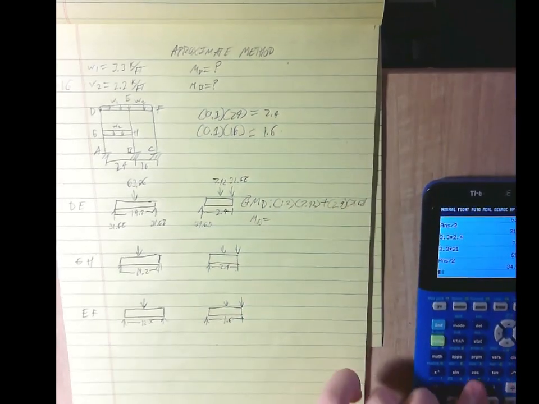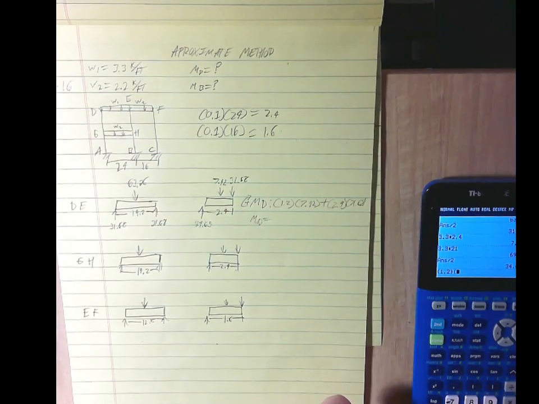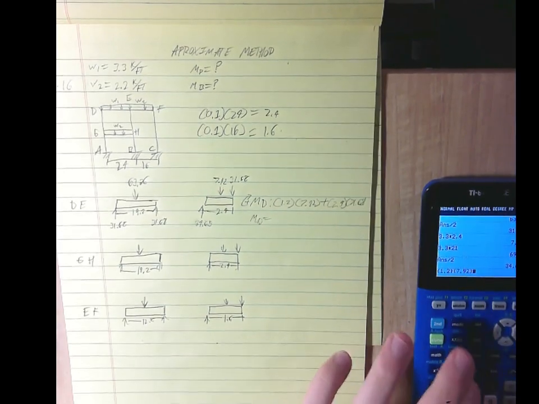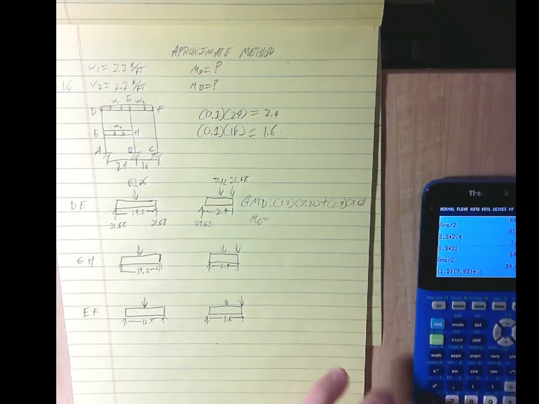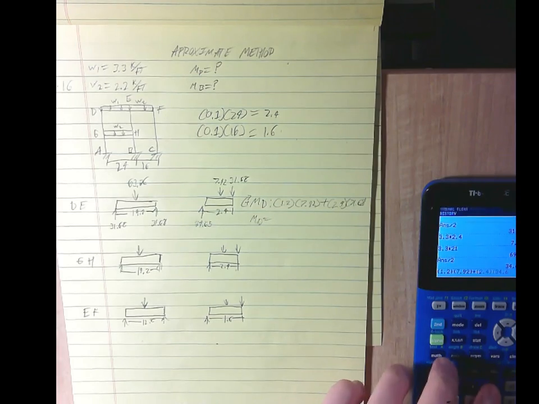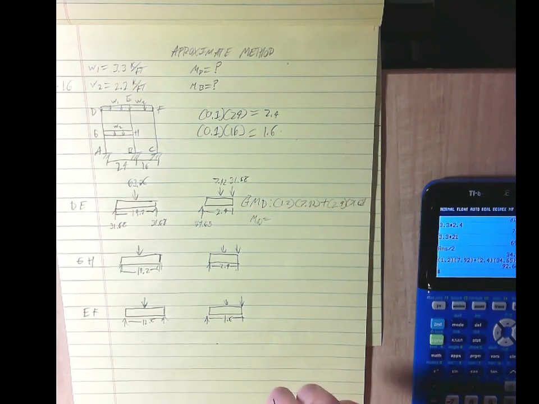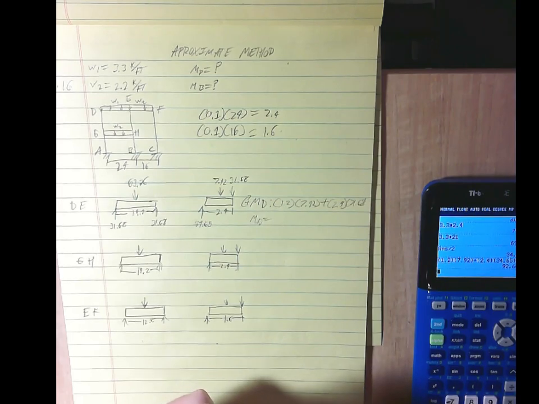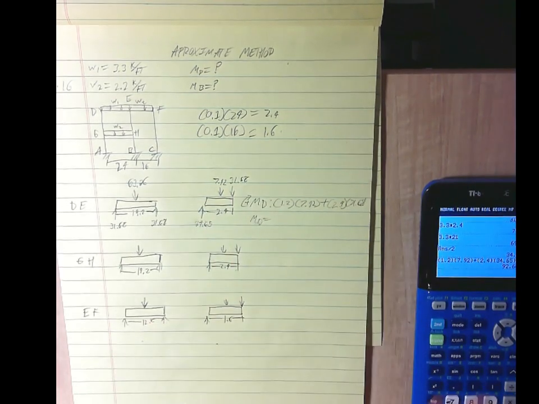MD is going to equal, let's see, 1.2 times 7.92 plus 2.4 times 34.65, oh sorry, 31.68.